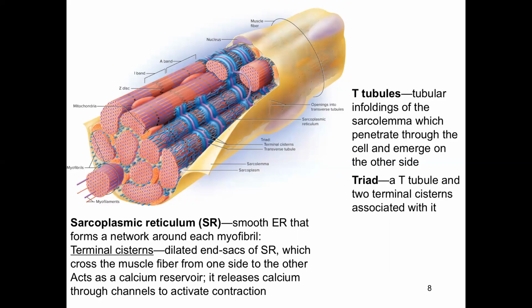So remember when we talked about the parts of the cell, I said that some ER will act as a storage vessel. Others will help make things like lipid and things like that. But in the muscle cell, that smooth ER is what's called the sarcoplasmic reticulum here because now it's particular to muscle. It stores calcium.